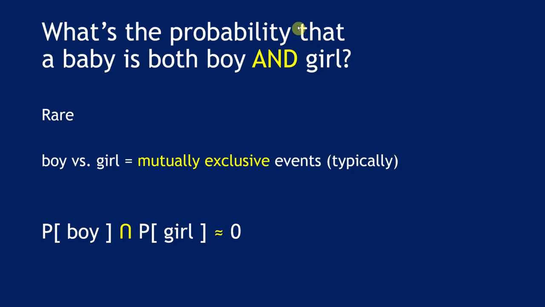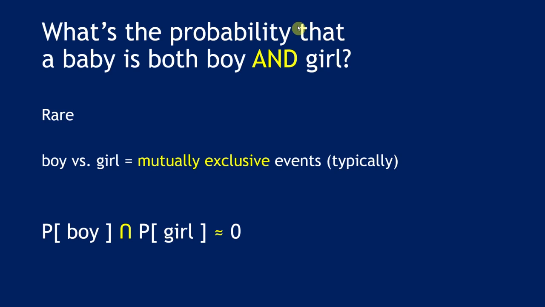So in this case, we'll say that for the most part, being a boy versus being a girl are primarily mutually exclusive events, typically. There are always exceptions to the rule, but predominantly we can consider them in the majority of cases to be mutually exclusive events. So what's the probability that we will get a baby that is both boy and girl?